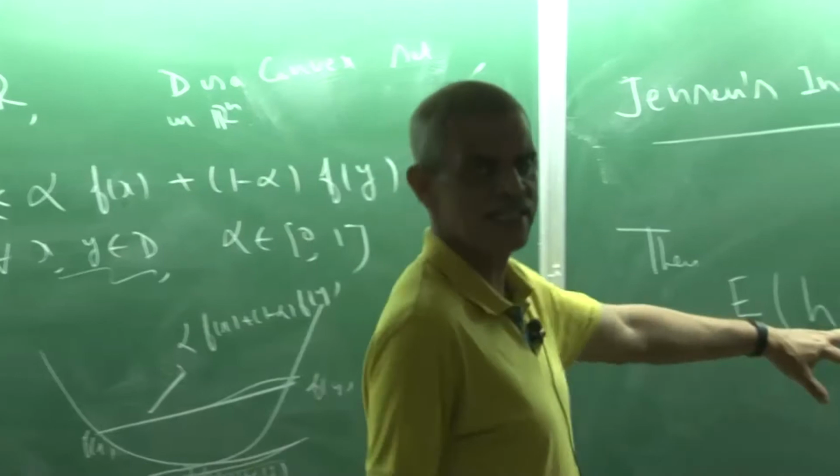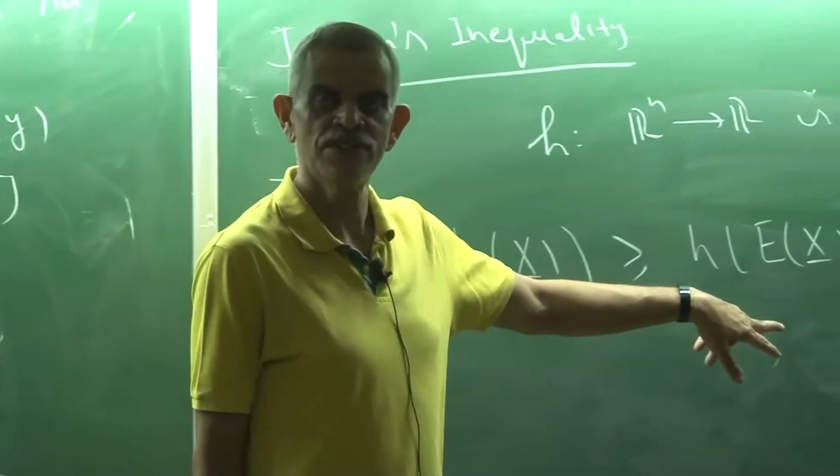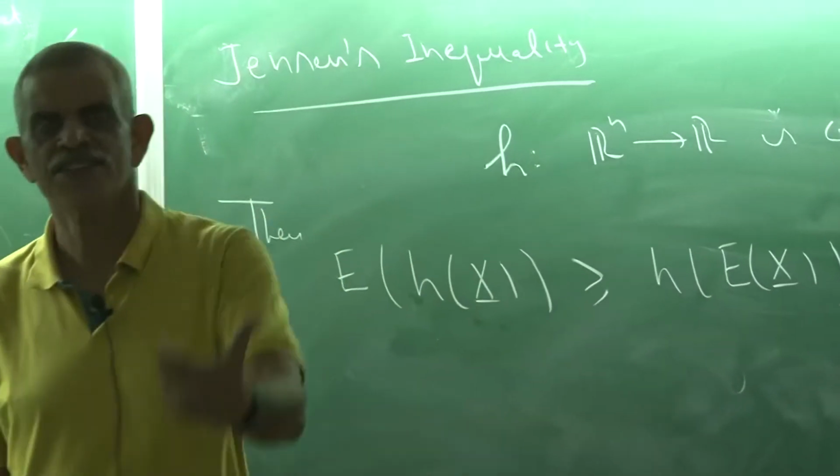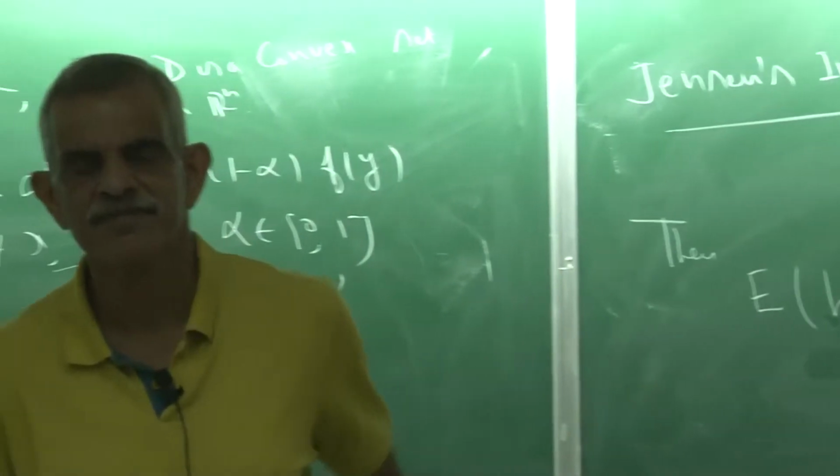So averages of h of X would always be greater than or equal to h of averages of X's.